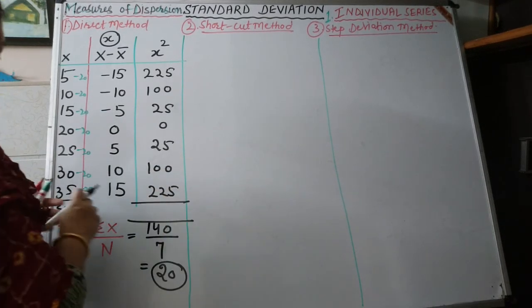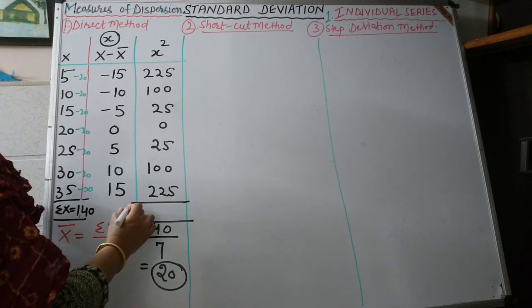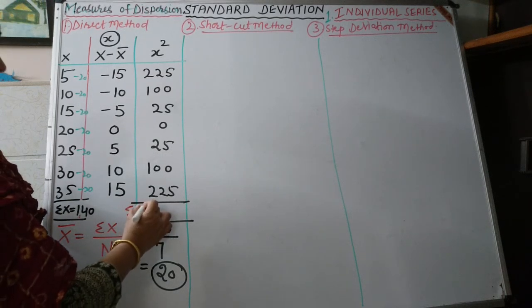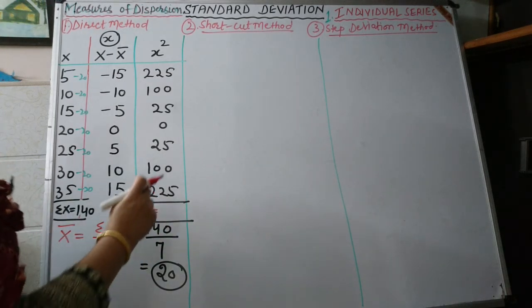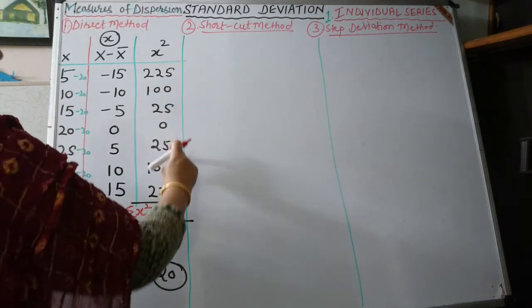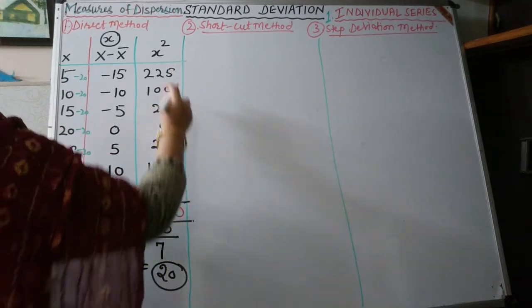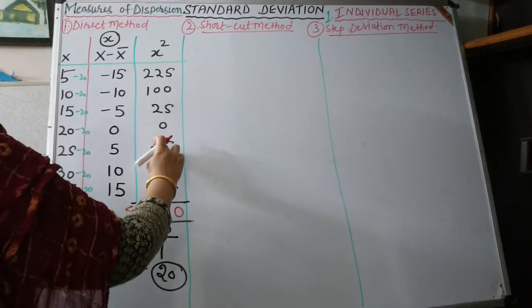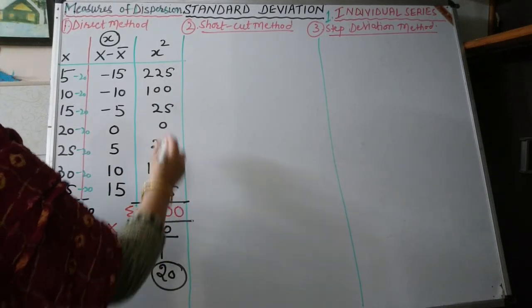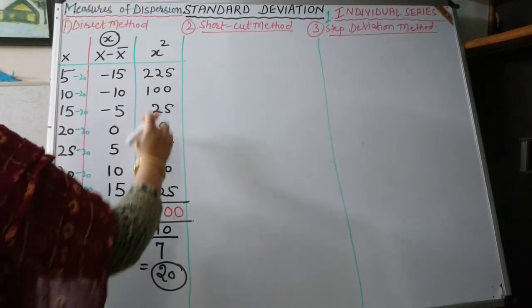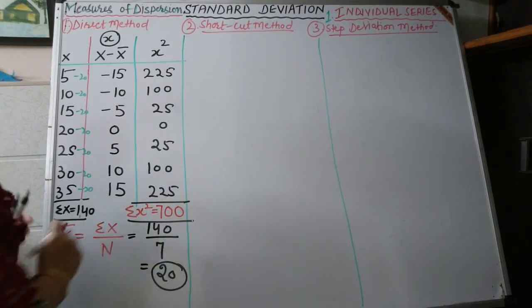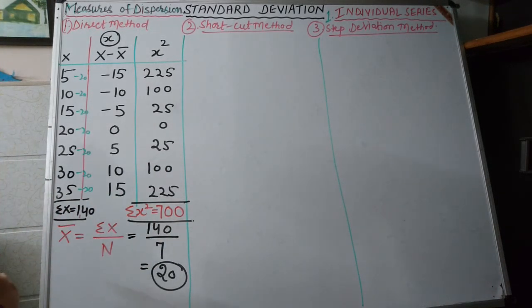And now let us calculate the value of summation x square. The value will be 700. So let us put the formula. Standard deviation is equal to under root of sigma x square divided by n.